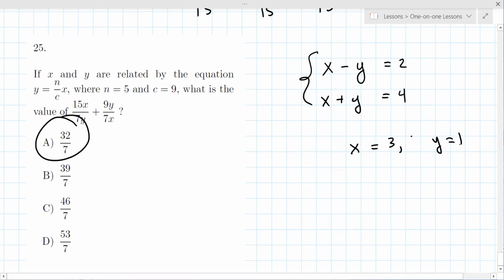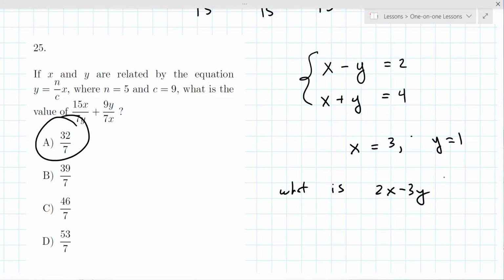It would always be something like, given the system, what is 2x minus 3y? So it's never as simple as just getting the answer. You always have to do something with the answer. Well, that's 6 minus 3, which is 3. But the point is they never just give you, here, give me the solution. They're always doing something with it. They call that combining or synthesis or anything like that.